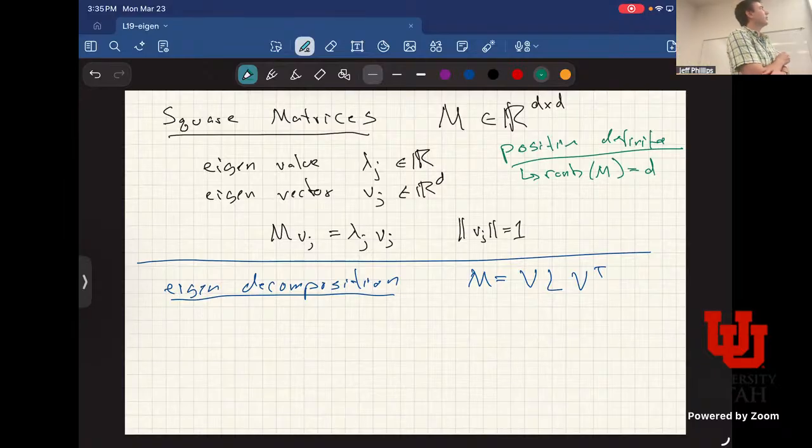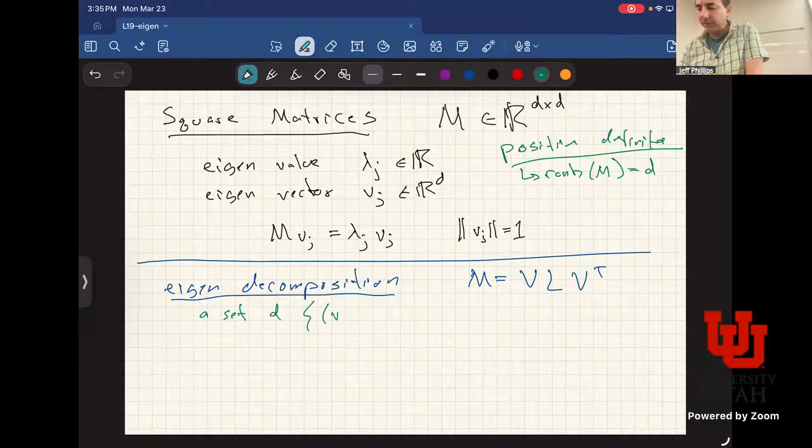Positive definiteness will mean that I can represent this as a set of d pairs, V1 lambda 1, which is an eigenvector eigenvalue pair, V2 lambda 2, dot dot dot, Vd lambda d.